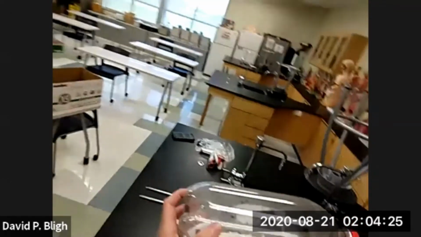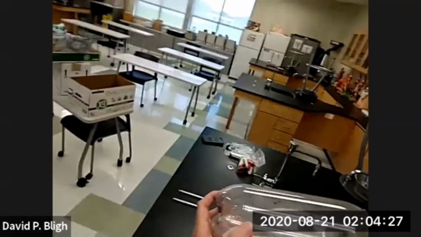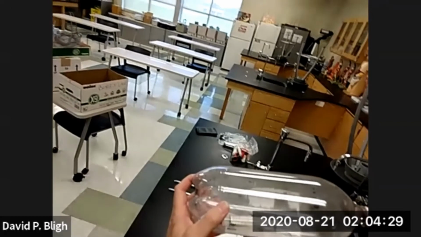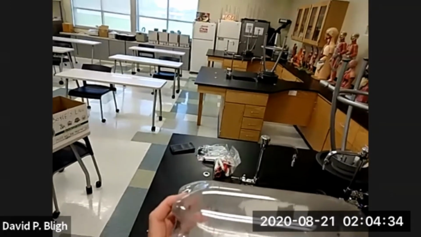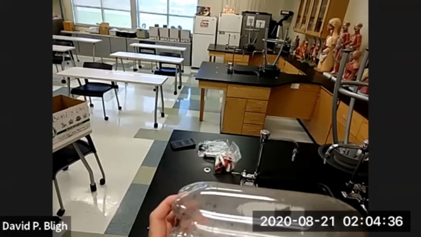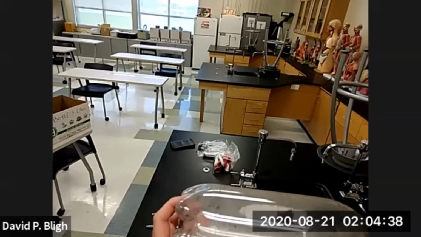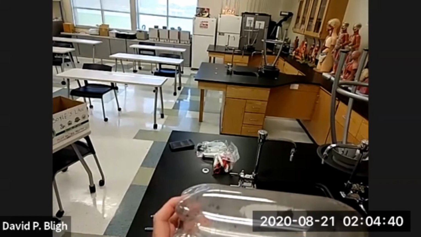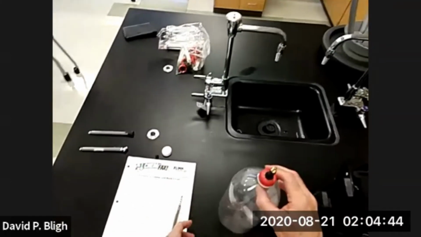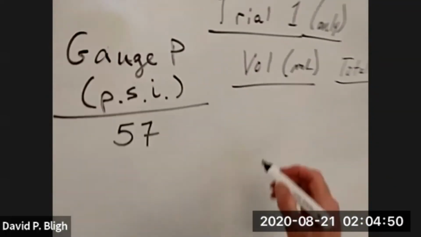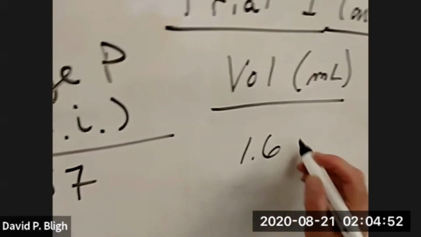So I'm going to go to the left side, or the gas side, and that's the side I'm going to read every time. Okay, it looks like we're up to 1.6 milliliters. 1.6 milliliters at 57 psi.